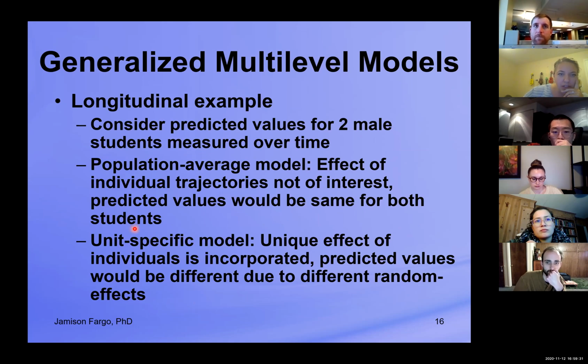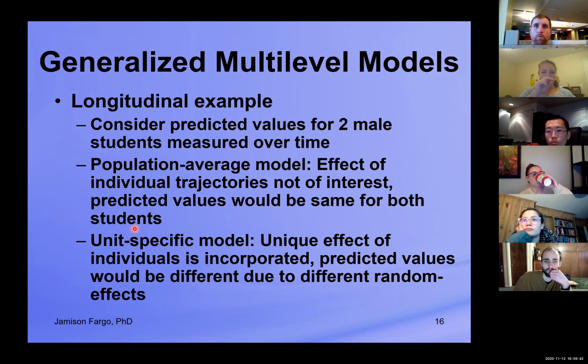Okay. Here's a longitudinal example. So consider we have 2 boys measured over time. Now ignore schools. We don't have schools anymore. They're just 2 boys over time. So what's level 1? Time measurement. Level 1 is the observation times. How are they grouped together? By being from the same person.